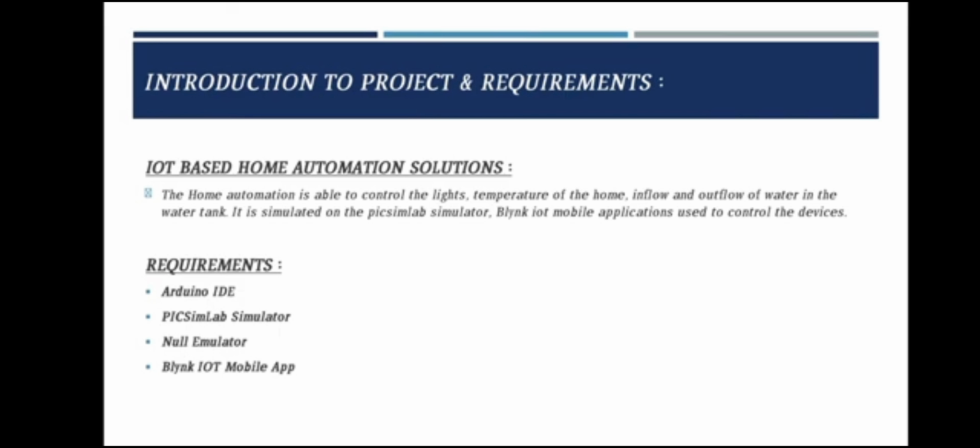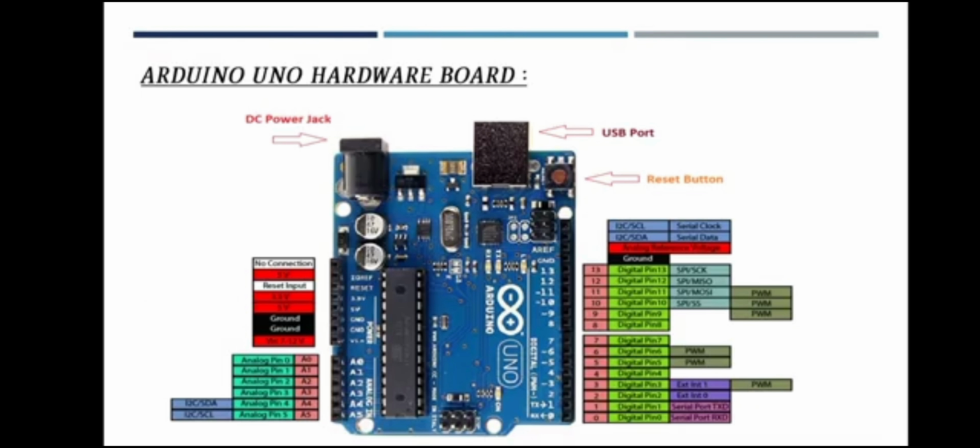Coming to introduction to project and its requirements, the project title is IoT-based home automation solutions. The home automation is able to control the light, temperature of the home, inflow and outflow of water in the water tank.